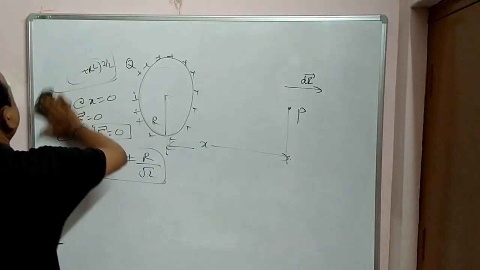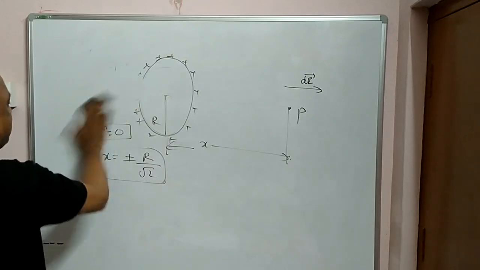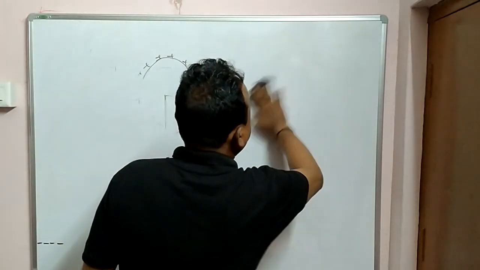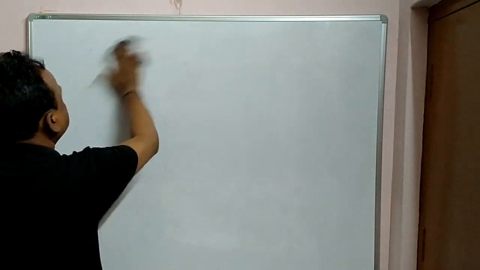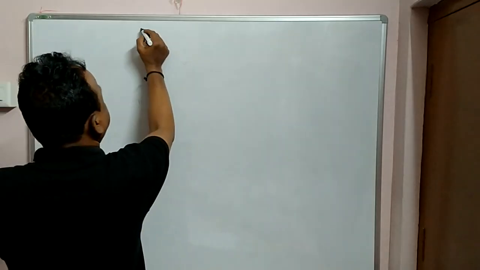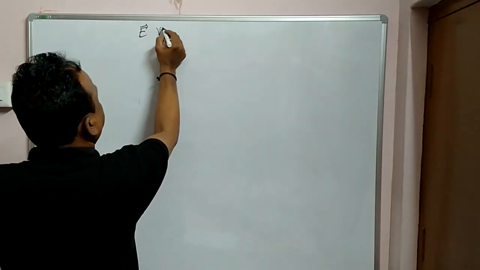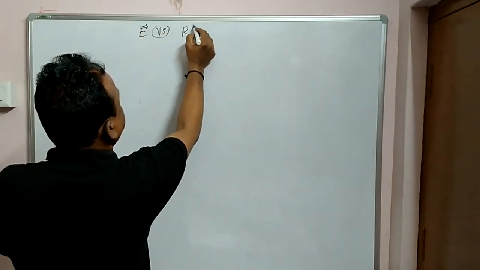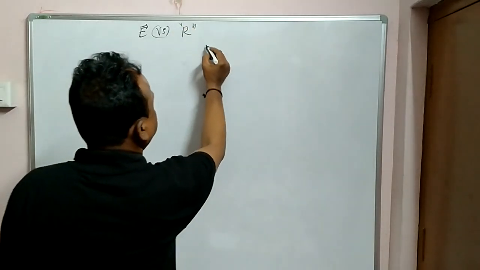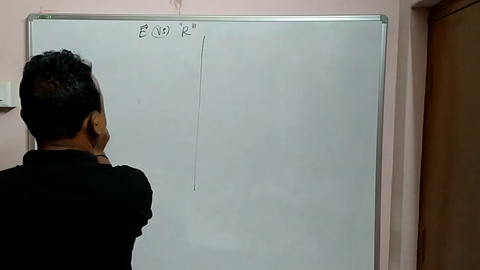They may be asking sometimes in NEET level or MCET level. Sometimes in the exam, they may be asking for a graph also: a graph for electric field intensity E vector versus radius R. E versus radius. Here is the graph, look at it.